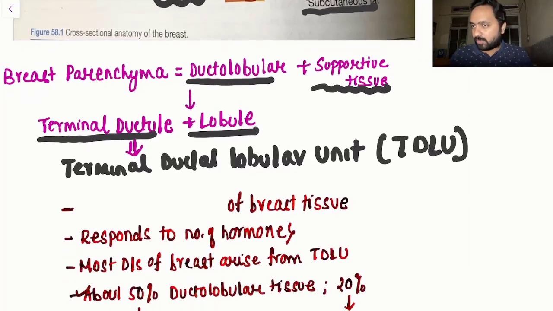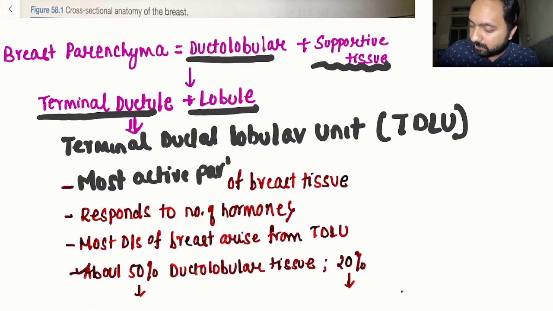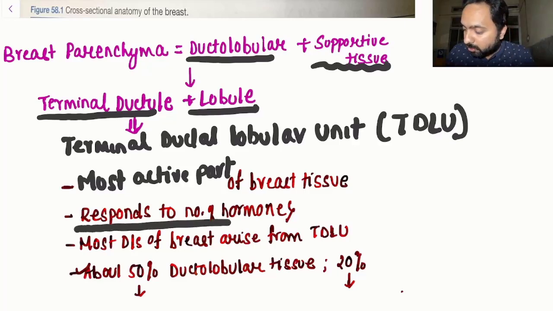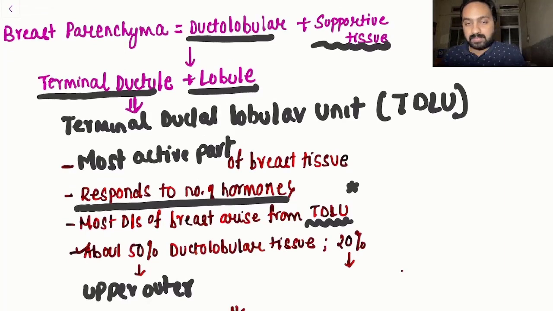Why is it very important? Now this is the most active part of your breast tissue. This responds to a number of hormones, and most of the diseases of the breast arise from this TDLU. Now around 50% of your ductolobular tissue is in your upper outer quadrant, whereas 20% is in your central.